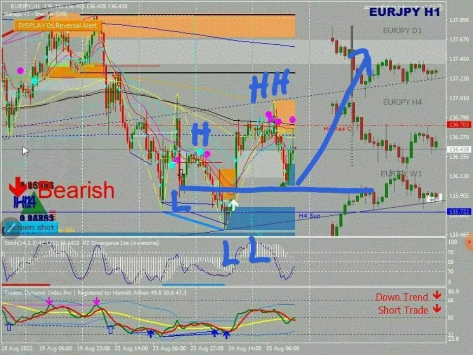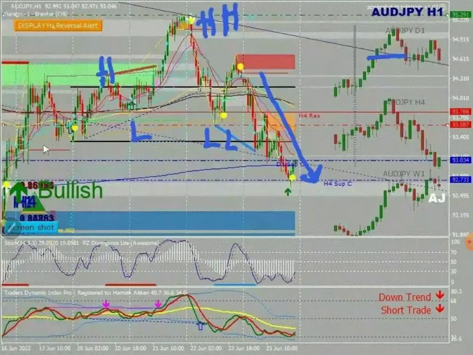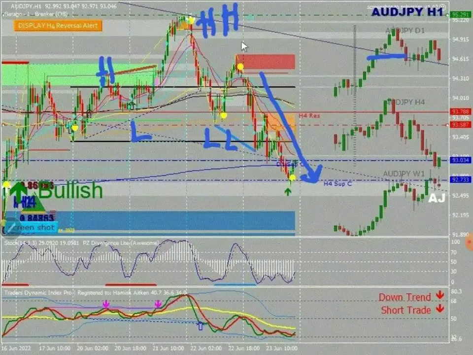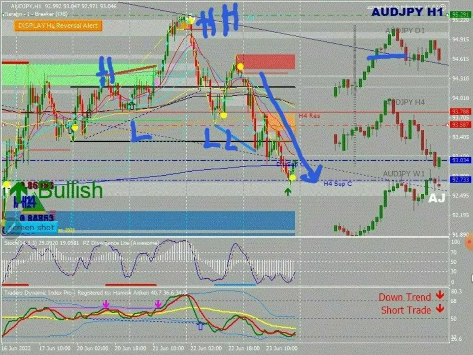Likewise, on the bearish one, if price form lower low and came back upward to break this high, it is invalidated. So that's all on QMR.